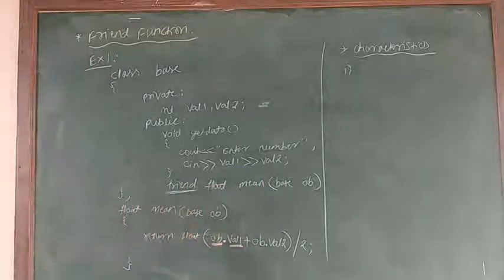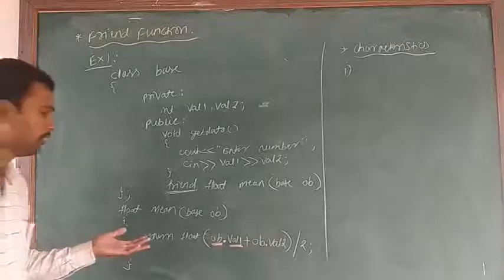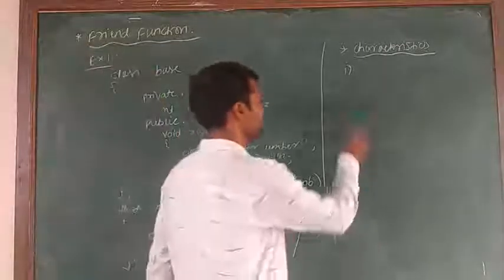Got it? And the last is that the friend function is declared with the keyword friend, but while defining, the friend function does not use either the keyword friend or the scope resolution operator.